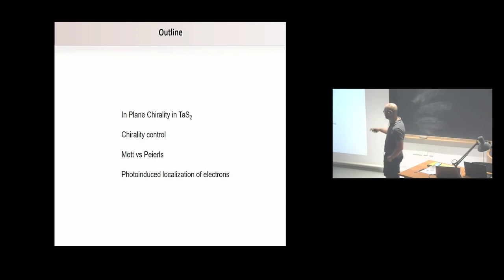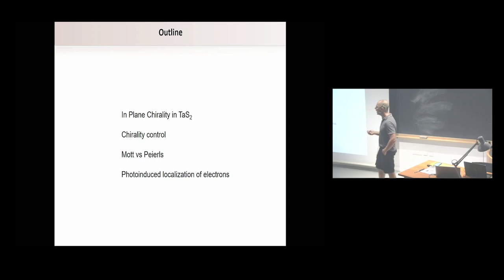Then I will move to a very old problem that always pops up in this kind of material where you have distortions and correlations, which means is a Mott or Peierls scenario more adapted, or eventually both. And finally, I will show you that after photoexcitation, the electronic bands become flat, and electrons become initially localized into David stars.